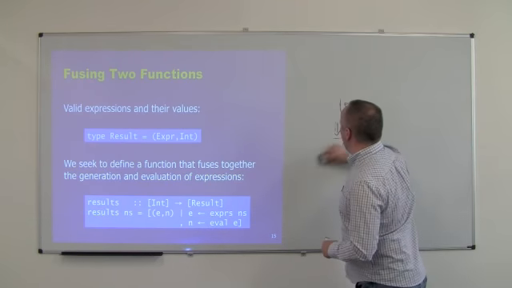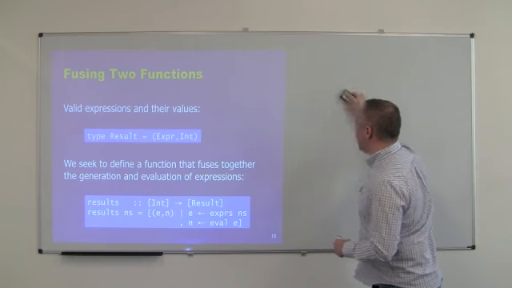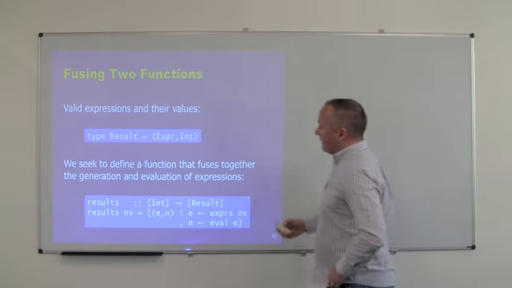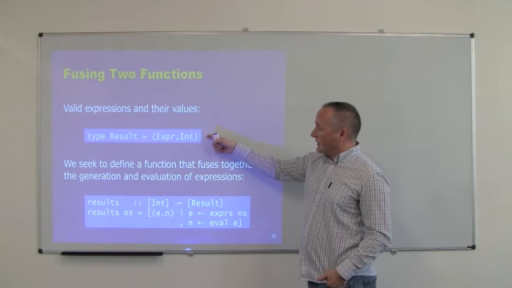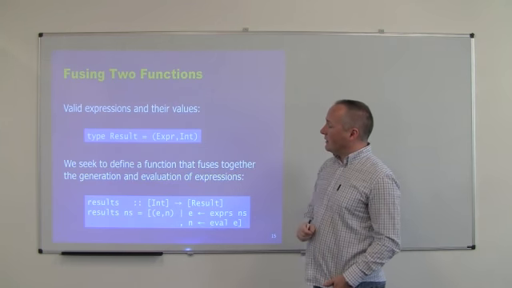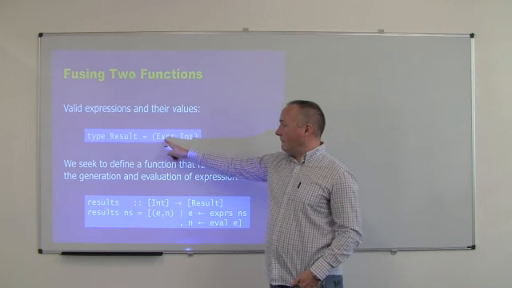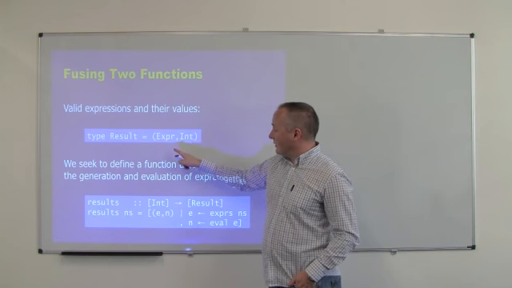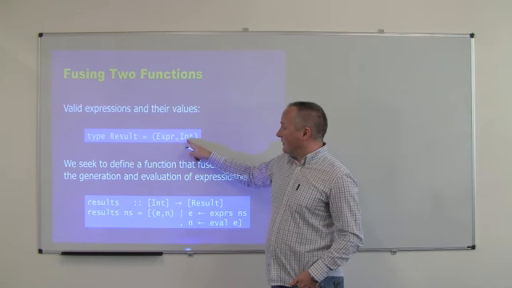I want to be clear about what we're trying to do here. Here's a little specification. First of all, we define a result type, and a result is a pair of a valid expression, one which evaluates without any problems, doesn't go to zero, for example, and its resulting value.